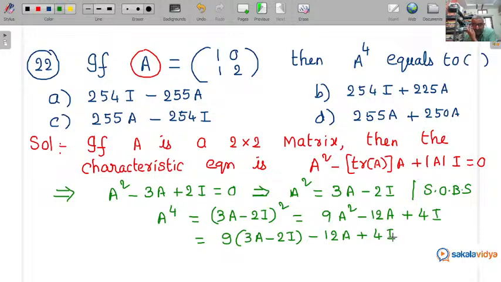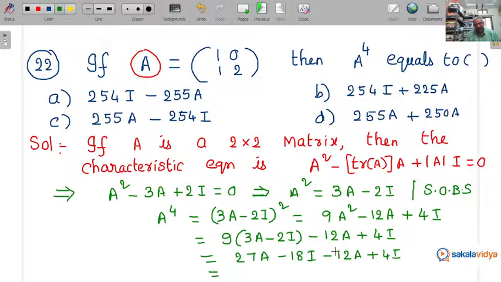So then what do we get now here? This is actually, you can write 27A minus 18I, this is minus 12A plus 4I.